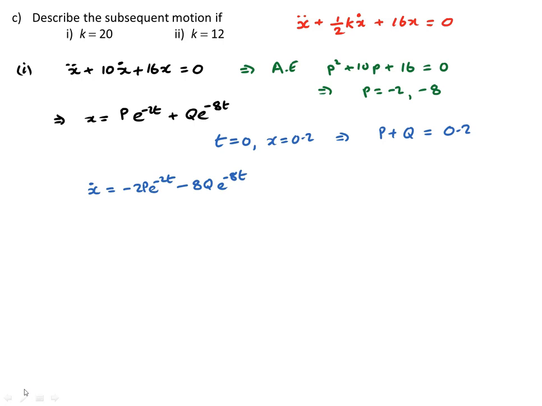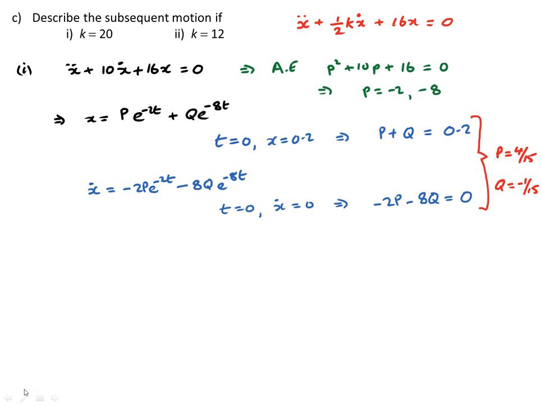But when t equals 0, we know that the object is at rest. So we've got dx/dt must be equal to 0. So we've got minus 2P minus 8Q must equal 0. And if we solve the pair of simultaneous equations we've got, we obtain P equals 4/15 and Q is minus 1/15.